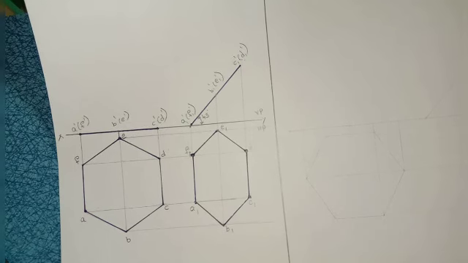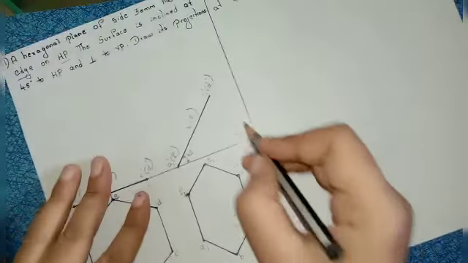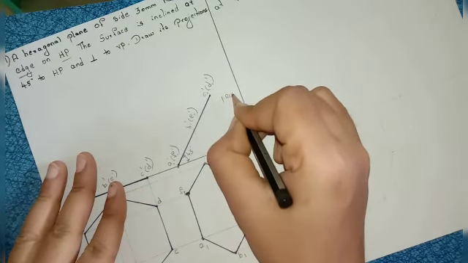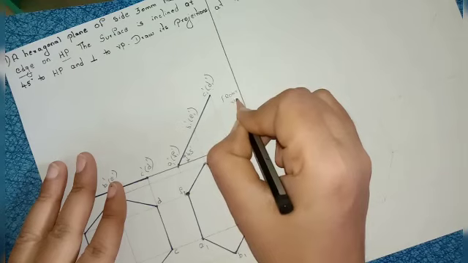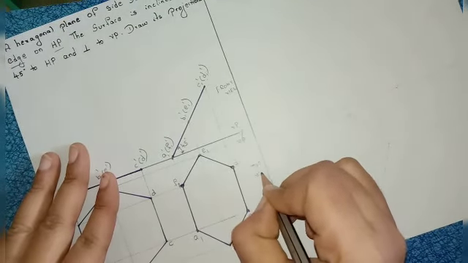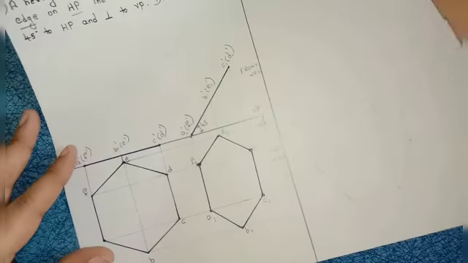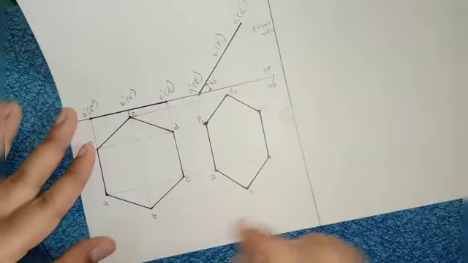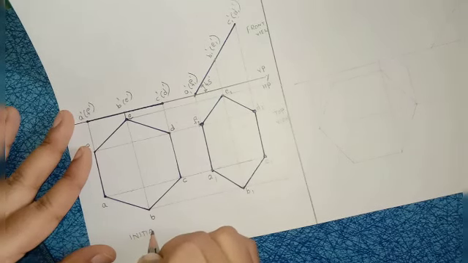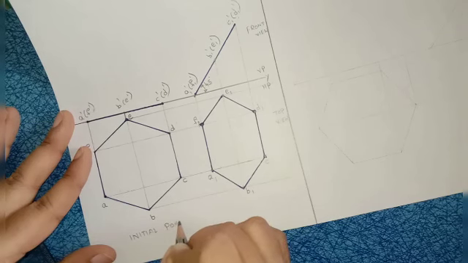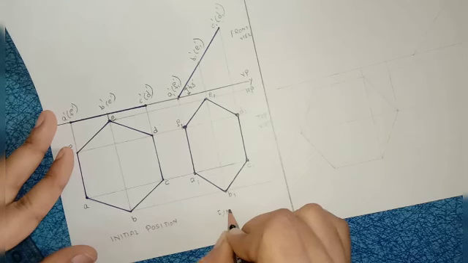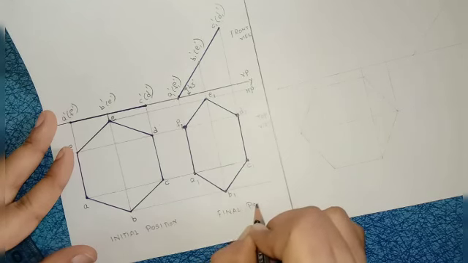After completion of your problem, always above the reference line you should take height 5 mm and write down this is your front view. Below the reference line always this is your top view. For all the problems after completion of your diagram, take height 5 mm and write down this as initial position, and this as your final position.